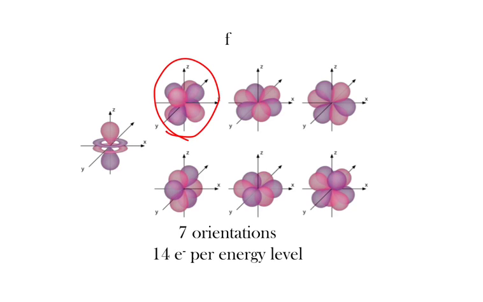And again, remember, these orbitals are not the paths of the electrons. The little parts don't represent actual electrons, but they just represent where the electrons are most likely to be found if it's in an F orbital. So 7 orientations per energy level, 14 electrons, because 7 times 2 is 14.